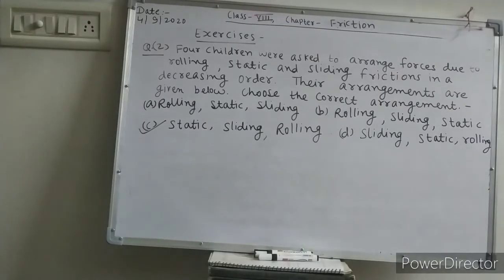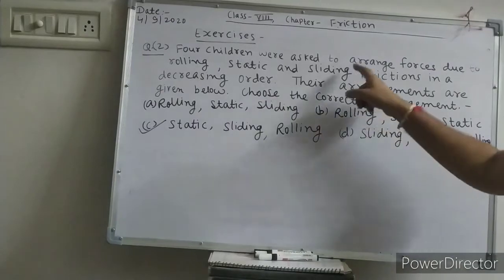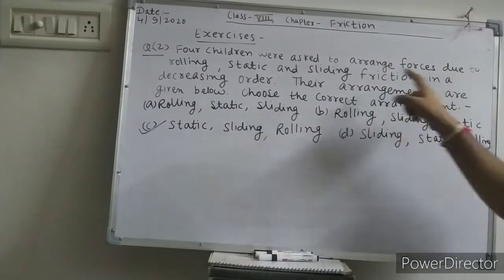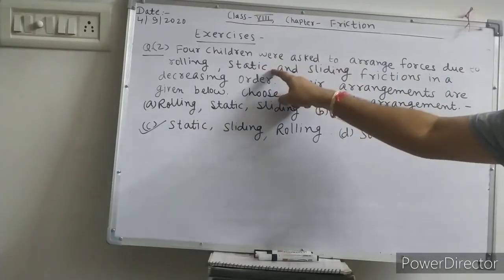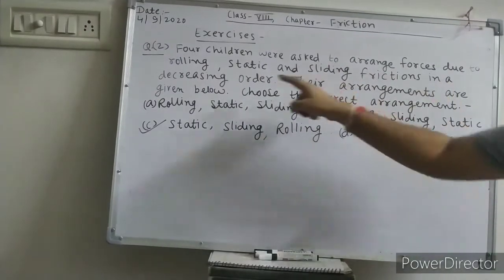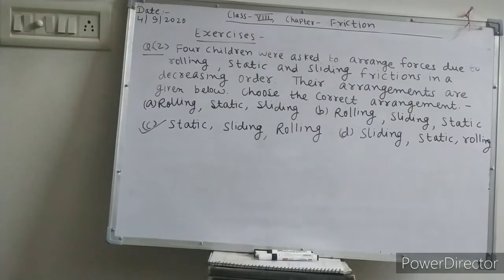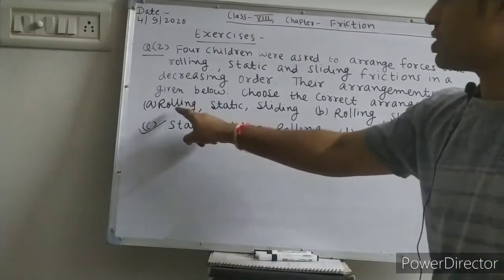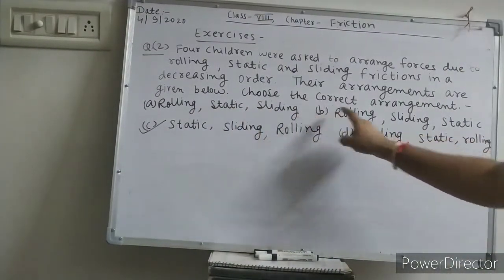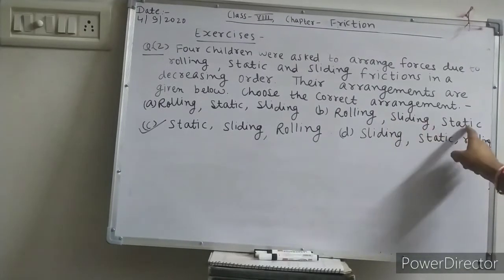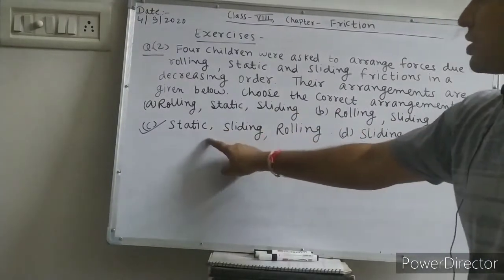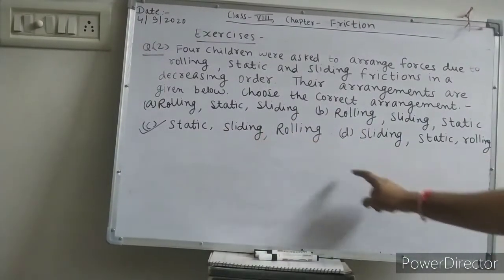Next question, 4 children were asked to arrange forces due to rolling, static and sliding frictions in a decreasing order. Their arrangements are given below. Choose the correct arrangement. So first option is rolling, static, sliding. Second, rolling, sliding, static. C, static, sliding, rolling.